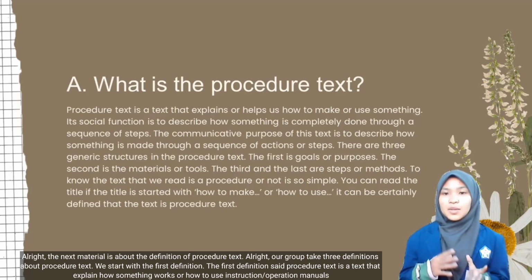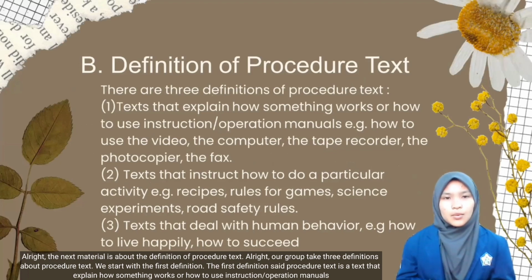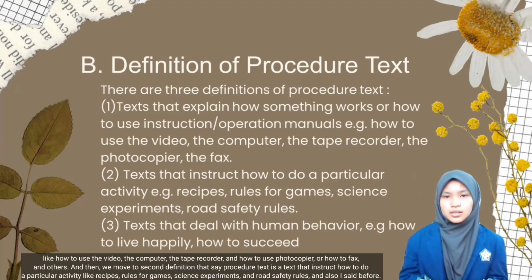All right, the next material is about the definition of procedure text. Our group takes three definitions about procedure text. We start with the first definition. The first definition says procedure text is a text that explains how something works or how to use instructions or operation manuals, like how to use the video, the computer, the tape recorder, and how to use a photocopier, or how to fax, and others.